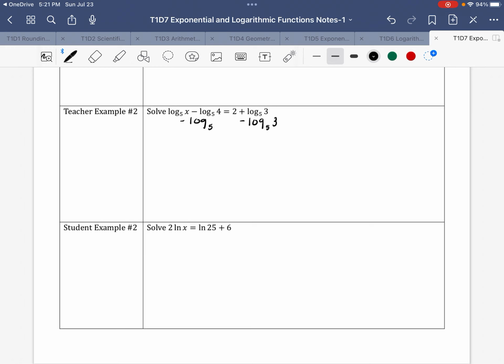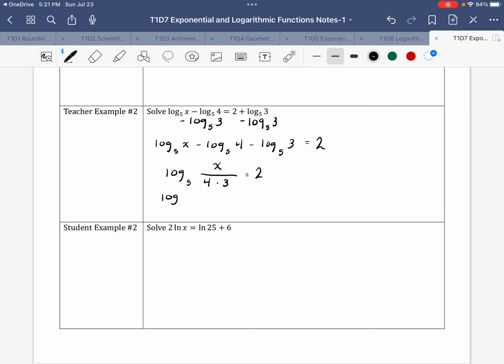So I get log base 5 of x minus log base 5 of 4 minus log base 5 of 3 equals 2. And now I can use the quotient rule, and I get log base 5 of x divided by 4 times 3, and all of that's going to be equal to 2.